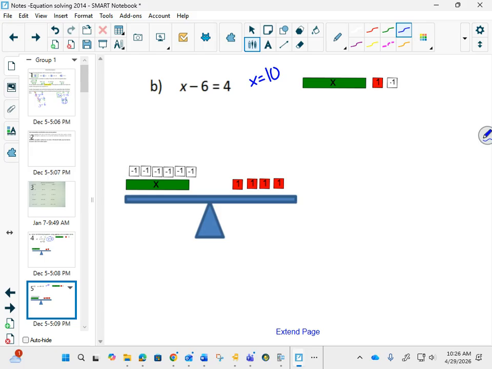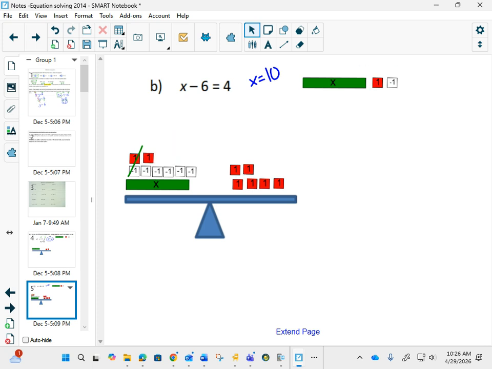Now the math. What cancels out a minus 1? Plus 1. Right? So if I put a positive 1 on this side, these would cancel out and go away, right? But if I put a positive 1 on that side, I'd have to put a positive 1 on this side. How many times am I going to have to do that?